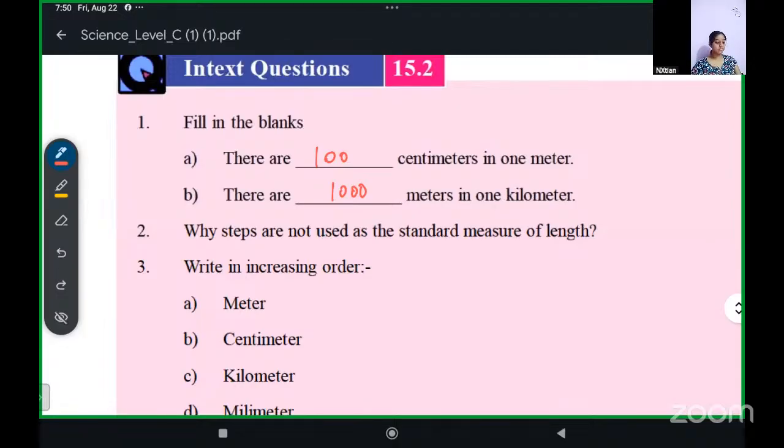Also, each person's legs are different sizes. It is like a handspan. You can never really get the right size of a handspan because everybody's hand size is different. Yes, Emma. Both of you are correct.